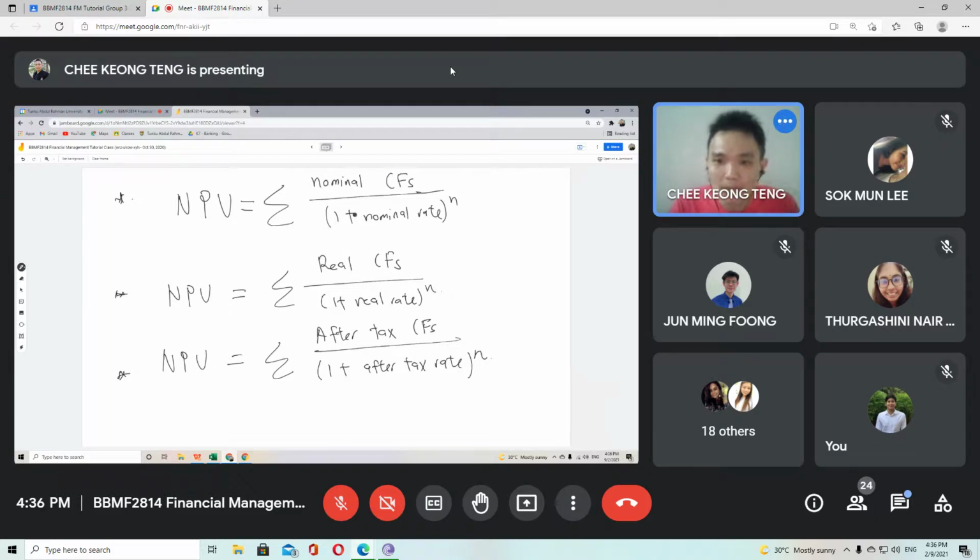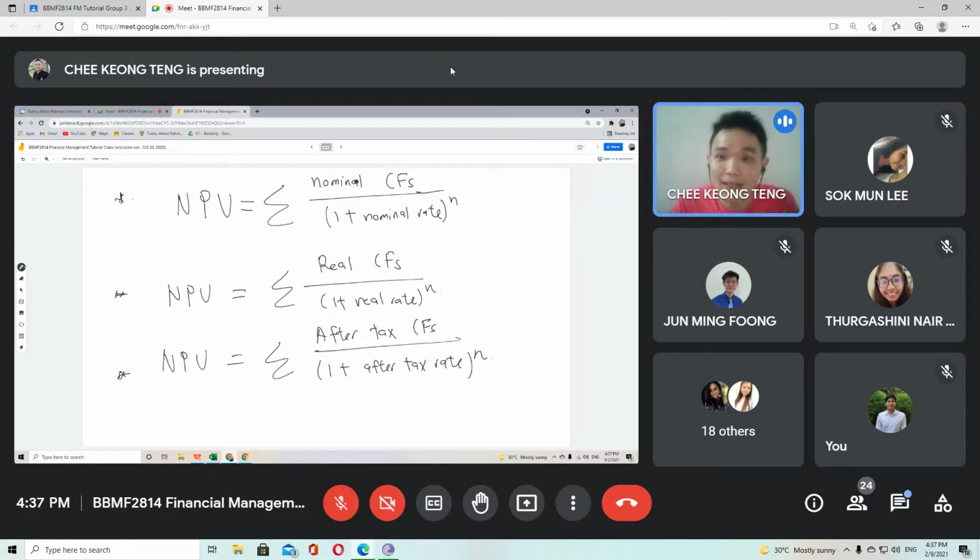Nominal cash flow must be discounted by nominal rate. It must be consistent, up and down. Real cash flow must be discounted by real rate. Because if you are not consistent, it will be like double counting. If you want to know in more detail, go and watch the recorded lecture video. But now I have no time to explain everything. Already 30 minutes.